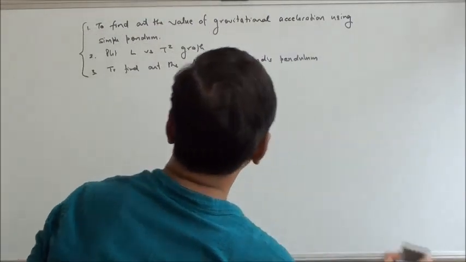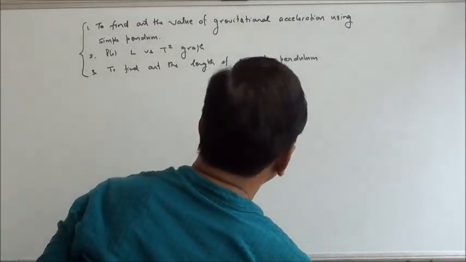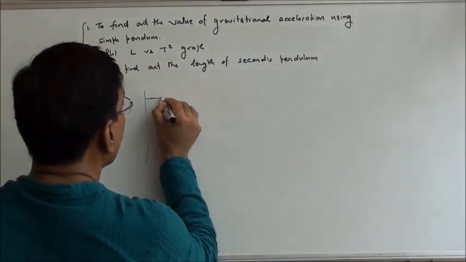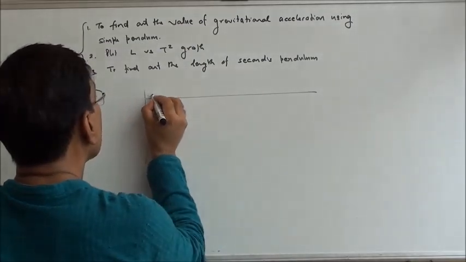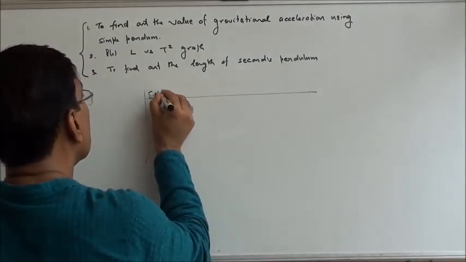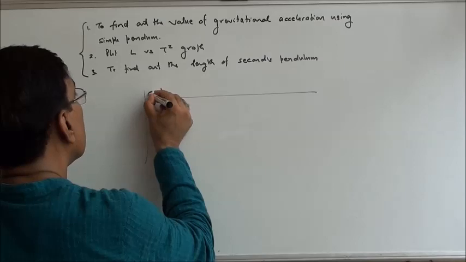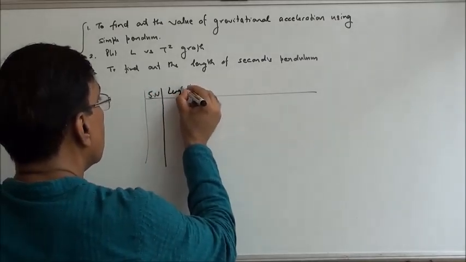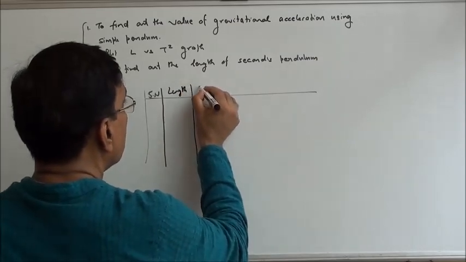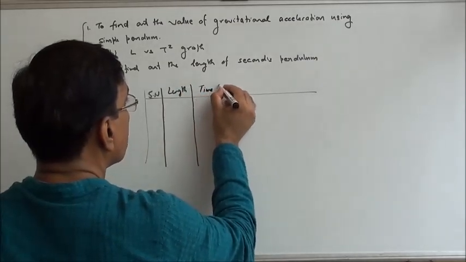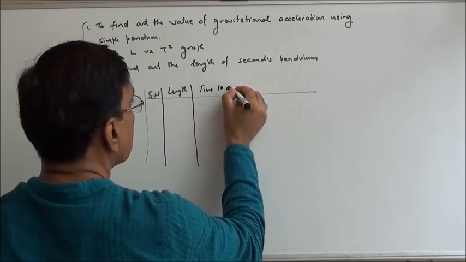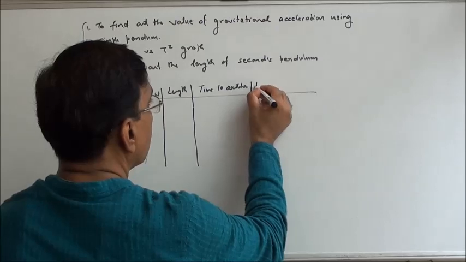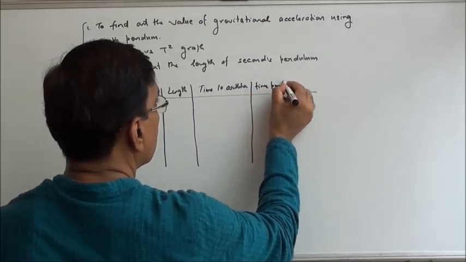And then, for the observation table, you can have first the serial number, and then the length of the pendulum, then the time for say 10 oscillations, and then the time period.